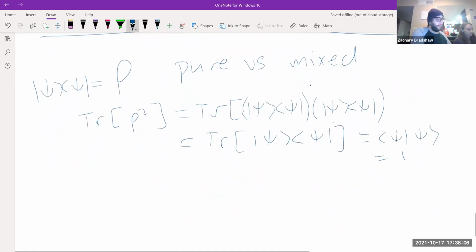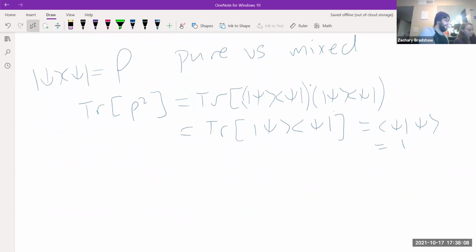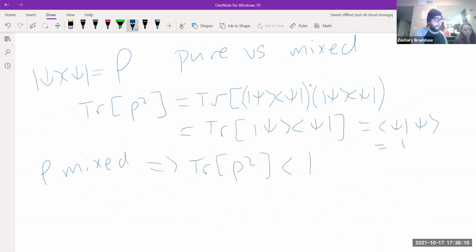We can also show that when rho is a mixed state, then the trace of rho squared is less than 1. So this is easier to see from the eigenvalue perspective.